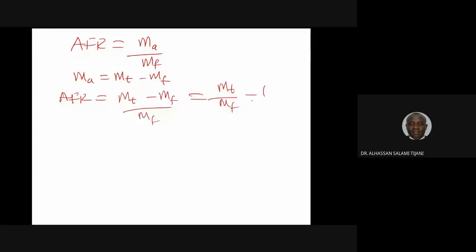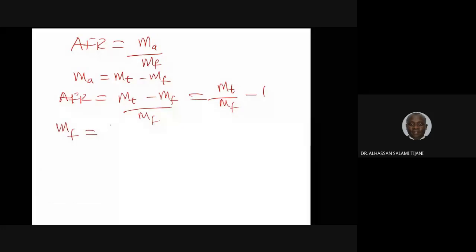Eventually, if we rearrange the equation, the mass of fuel MF equals MT divided by the air fuel ratio plus 1.